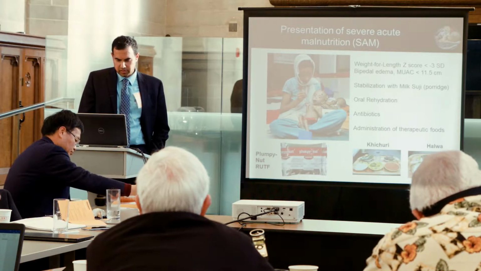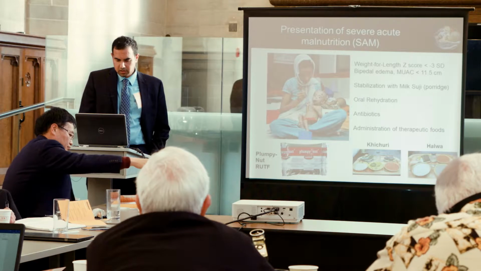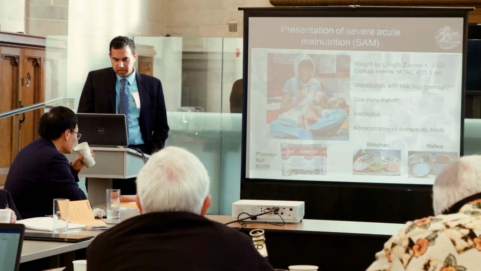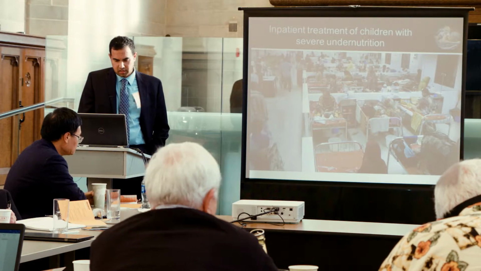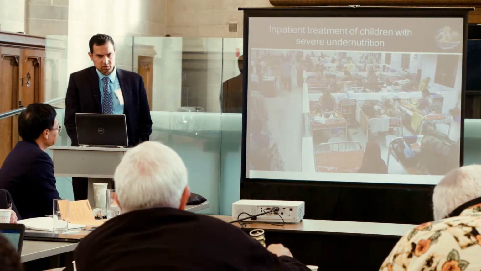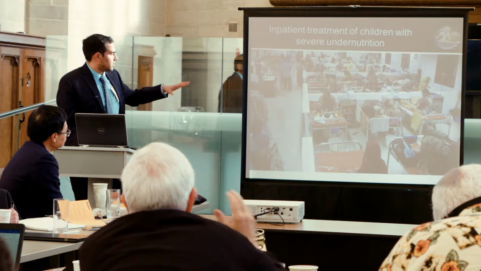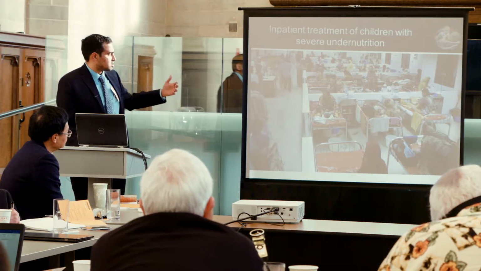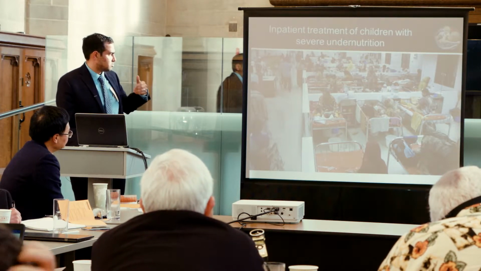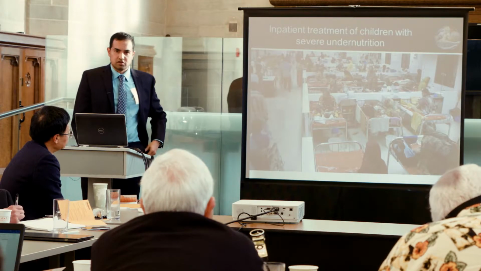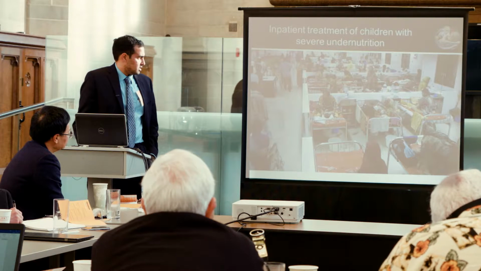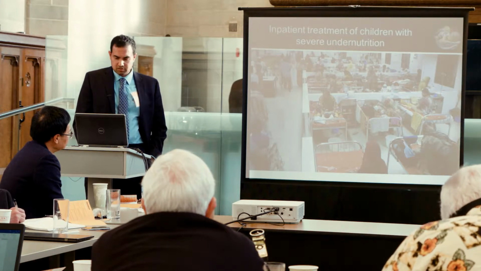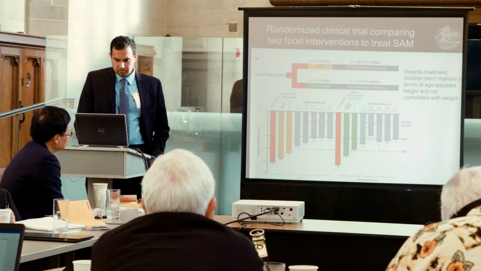And those are the foods, peanut-based and khichdi and halwa. So we applied this, and this is the environment that these children are in the hospital. It's close quarters between different children who are admitted. The mothers play a very strong role, they're right there. There's a lot of communication between the two, and diarrheal disease burden is extremely high in this setting.